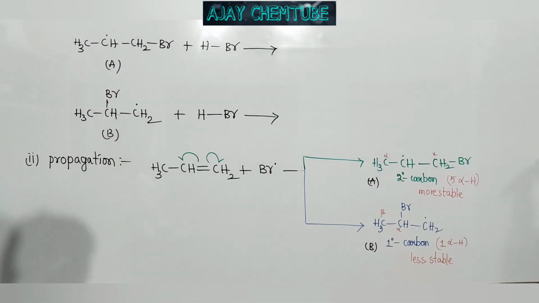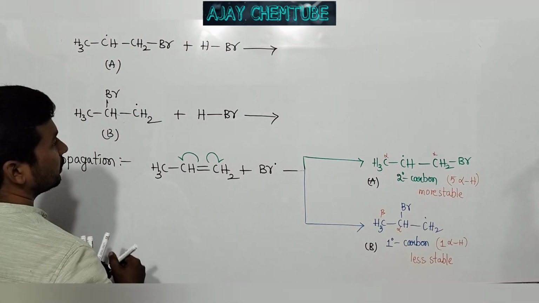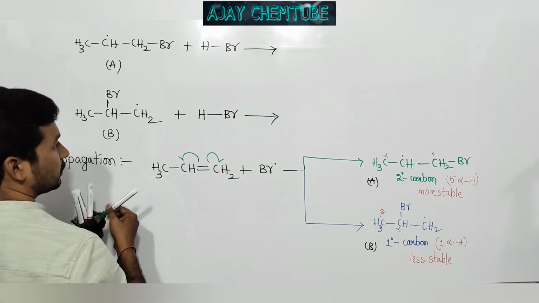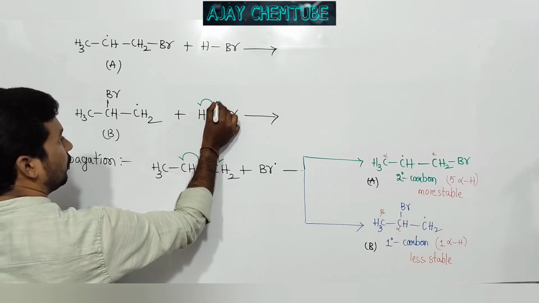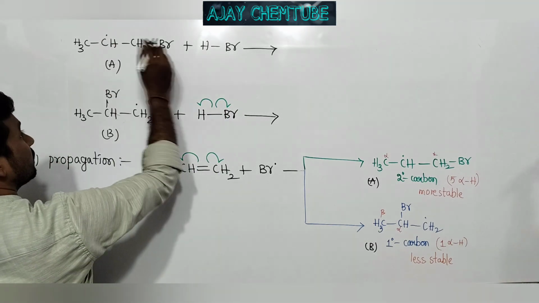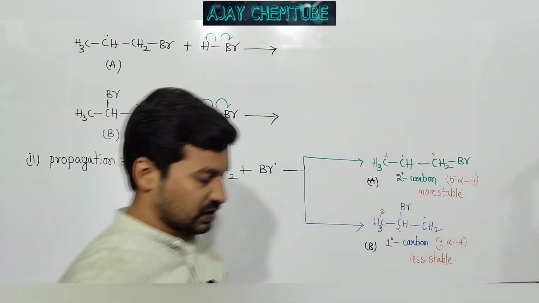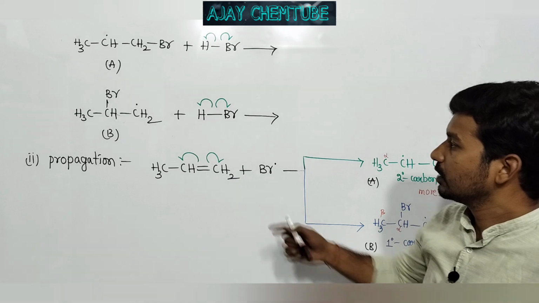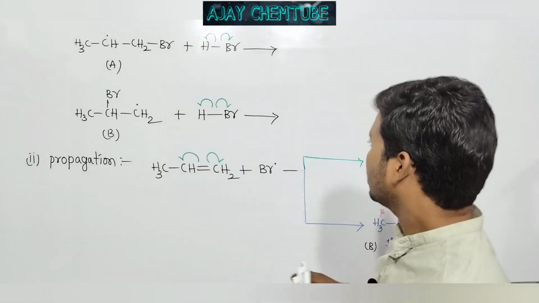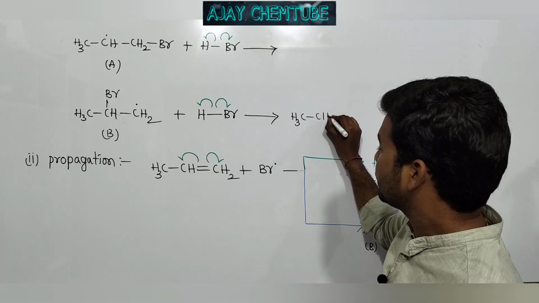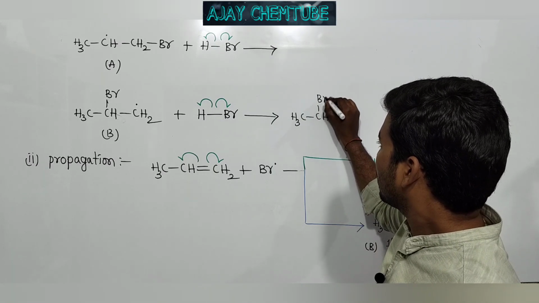Free radicals again initiate free radical formation by homolytic bond cleavage. Then what will form? Hydrogen free radical combines here to form CH3 CH Br and CH3.